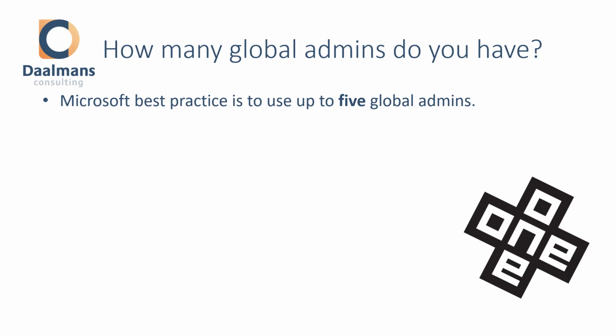And make sure that you have 1 or 2 in a safe, which you only use if there's an emergency. Use 1 or 2 as an emergency account. And for the rest, for your daily job, you might not need a global admin.